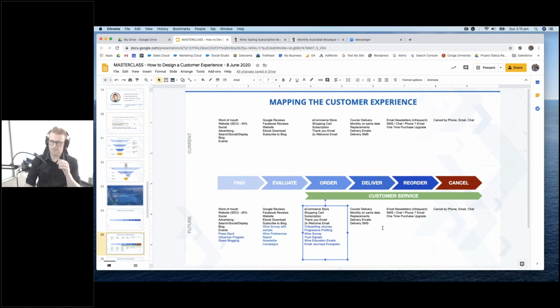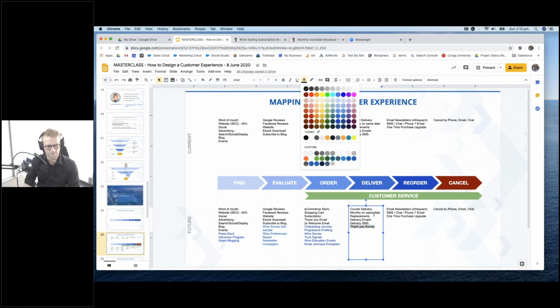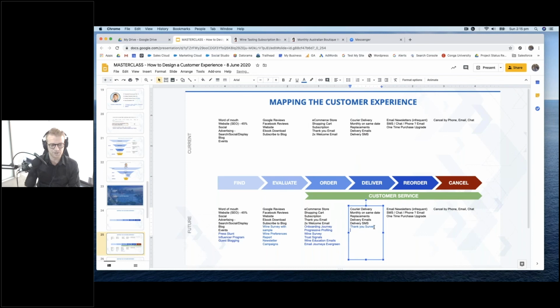Great. Okay, so in terms of delivery, what else can we do here? I think a thank you survey. You could up the amount of delivery notifications, maybe a waiting countdown email.